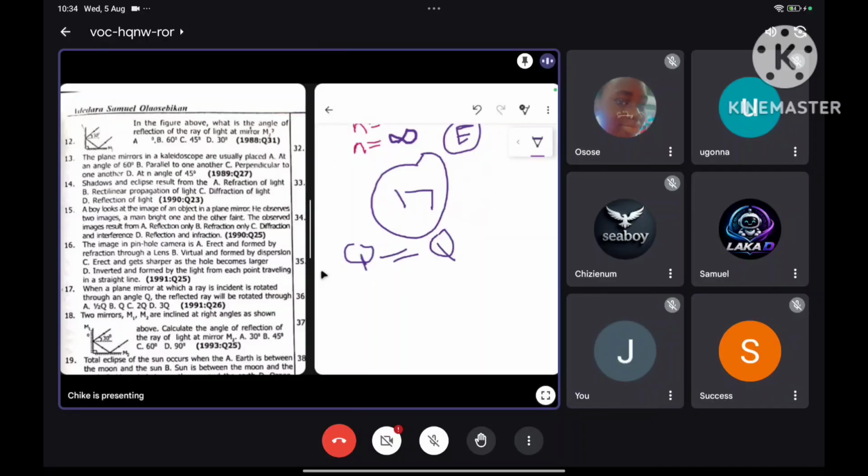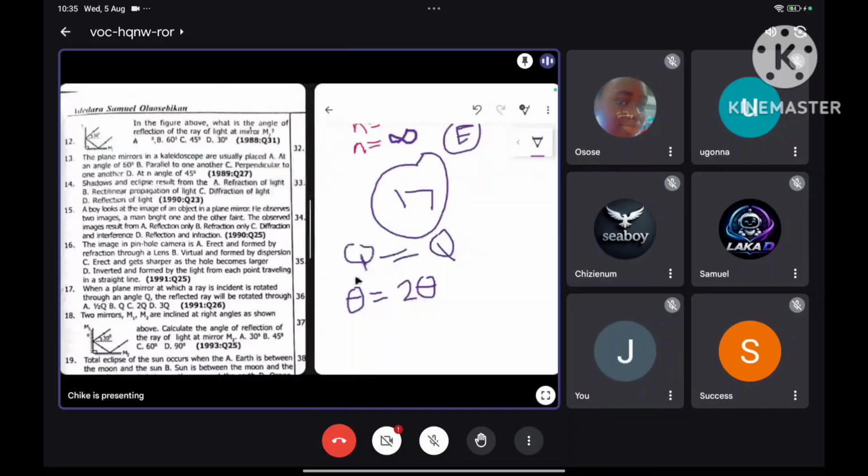Is there any conflicting answer before I give the correct answer? Or are we all in unison? Okay, now, remember what I said. I said if the mirror is rotated through theta, the reflected ray will be rotated through 2 theta.